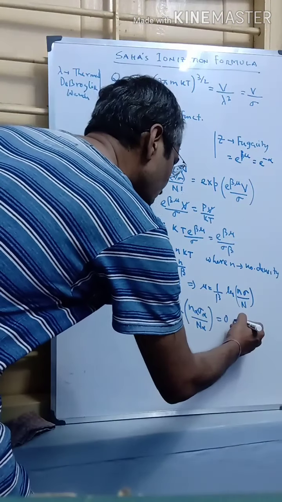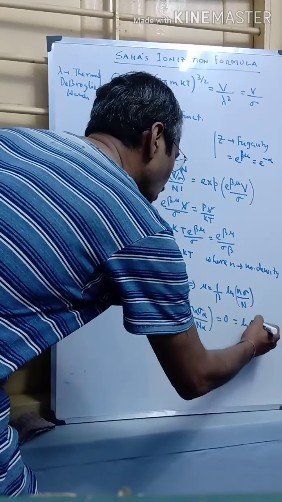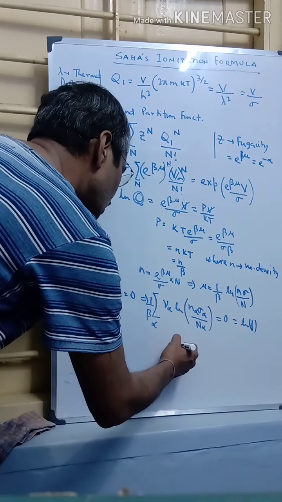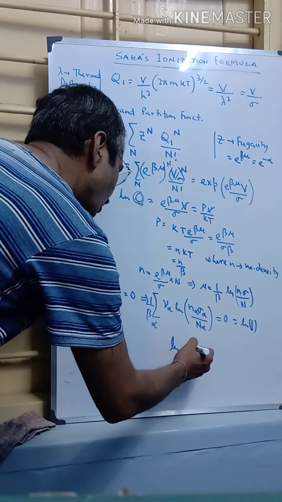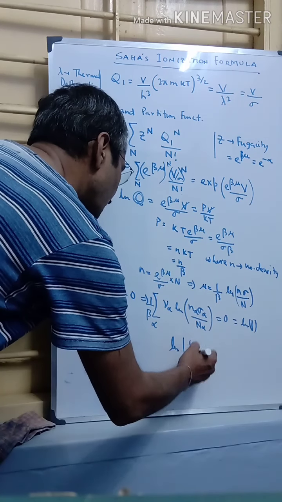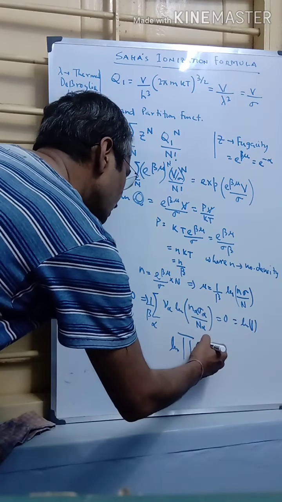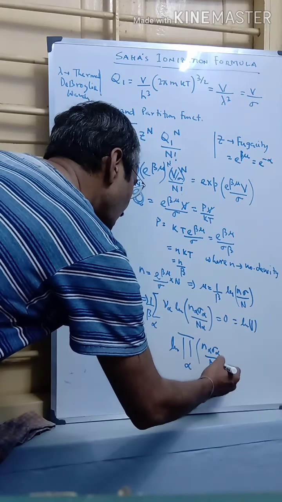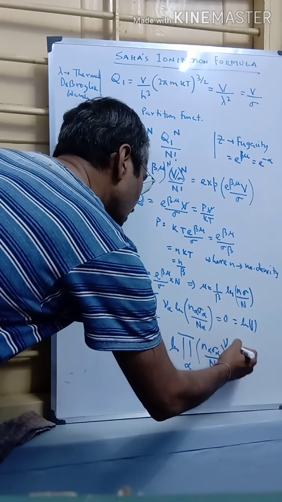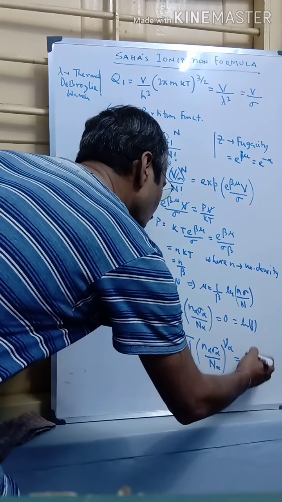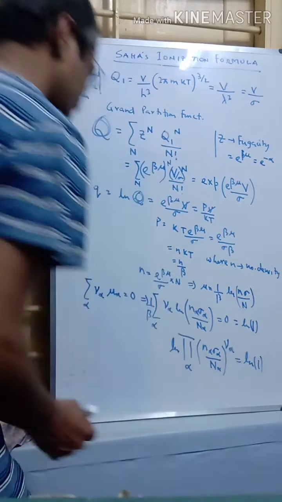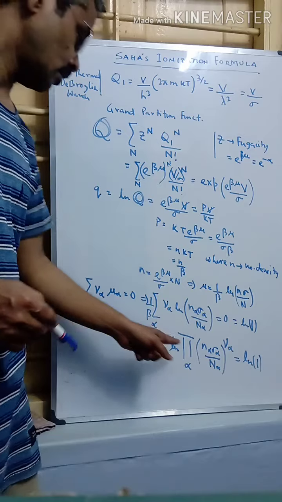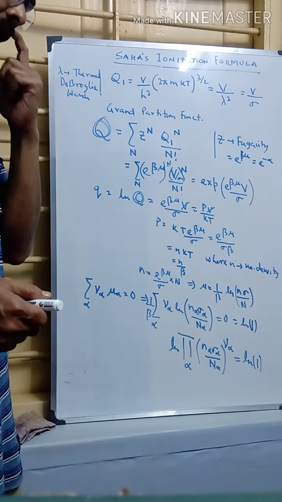So we can say this is equal to log natural of 1, and we can write this as ln of the product over alpha of n alpha sigma alpha by n alpha whole to the power nu alpha, equal to ln of 1, where pi is nothing but the product of the parameters as we had used earlier.